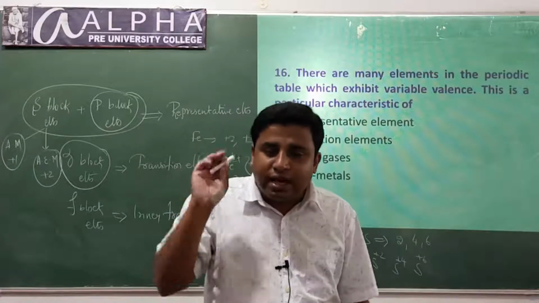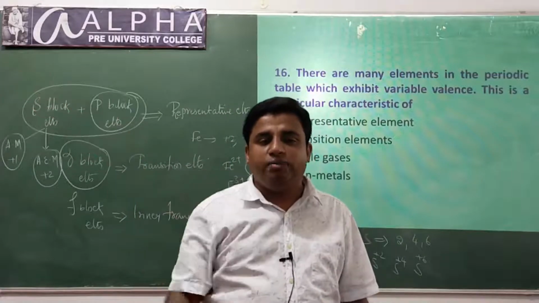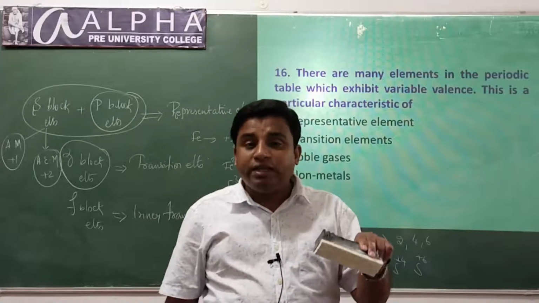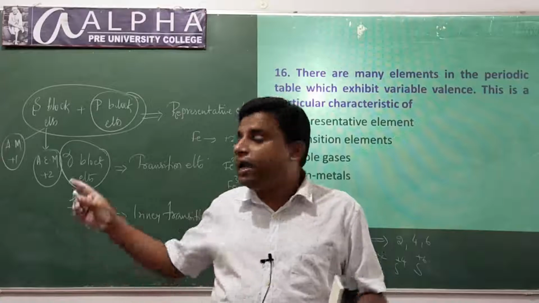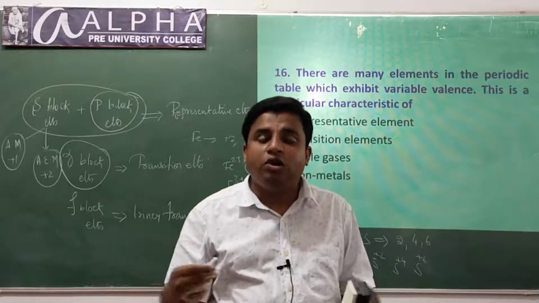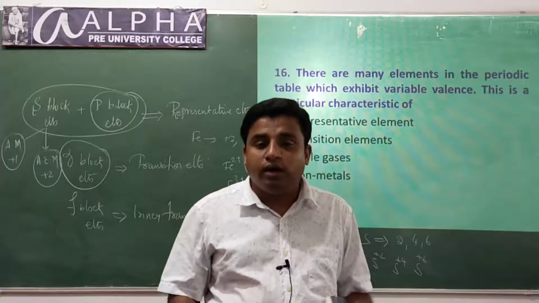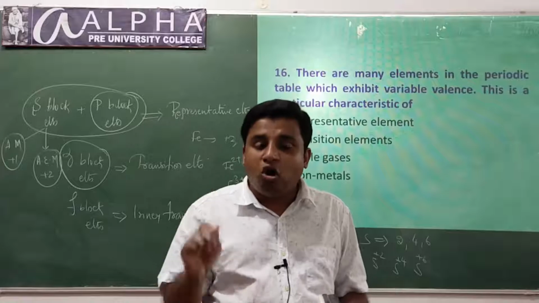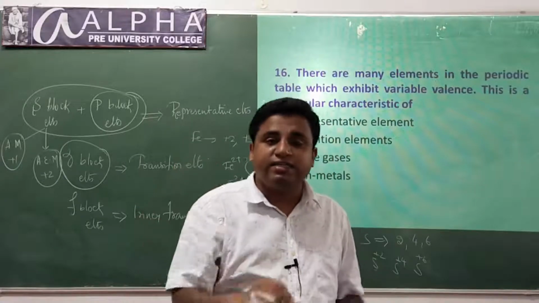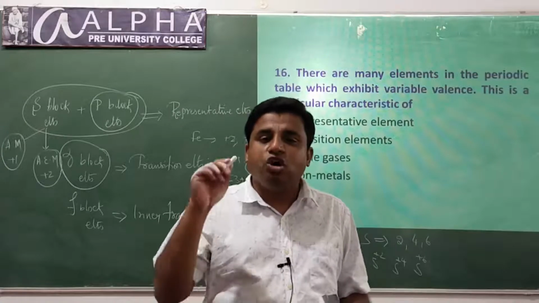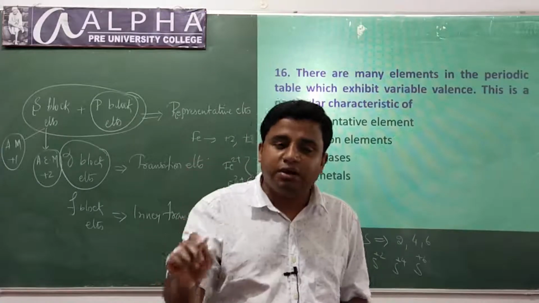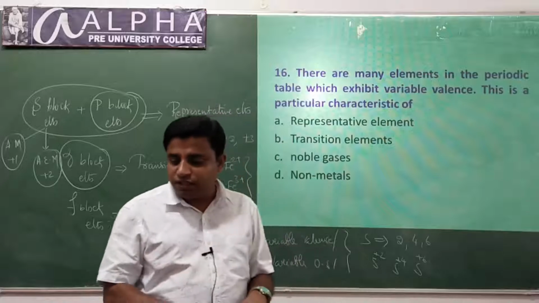Remember, only some elements of P block exhibit variable oxidation state, but the majority of the elements in D block do. Moreover, variable valency is a characteristic feature of D block elements, that is, the transition elements.